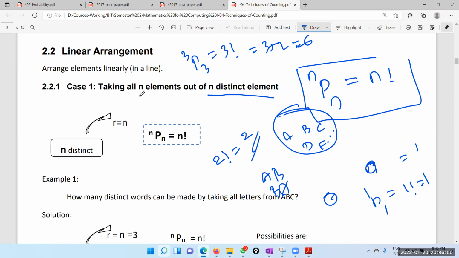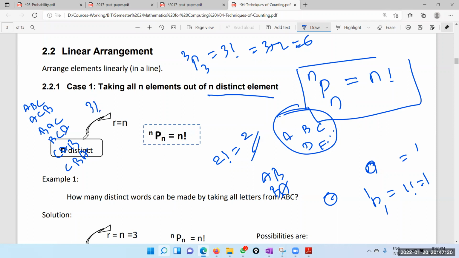Say ABC, ACB, BAC, BCA, CAB, CBA. Yes, there are 6 arrangements. So if you have 3 distinct elements and take all 3 and arrange linearly, we get 6 possibilities. That is factorial 3.